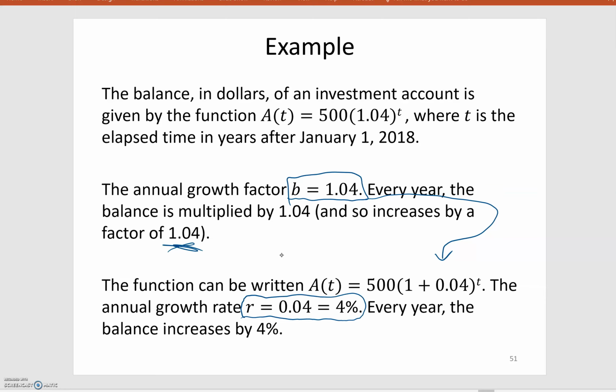So every year the balance increases by 4%. It's very common that we report rate values in terms of percent, but when we're computing with them, we use the decimal form. So you have to get very familiar with converting this to a decimal and then adding 1 to it to get the factor.